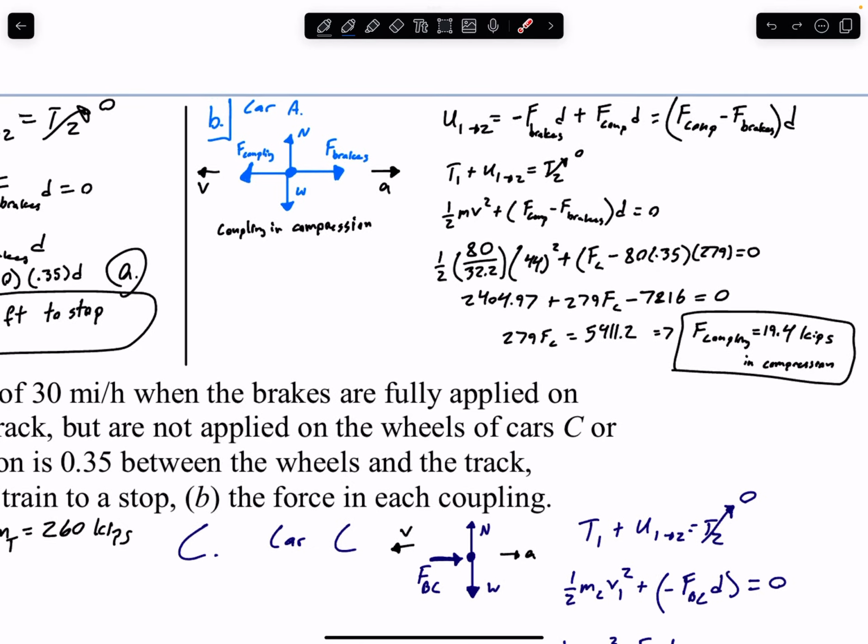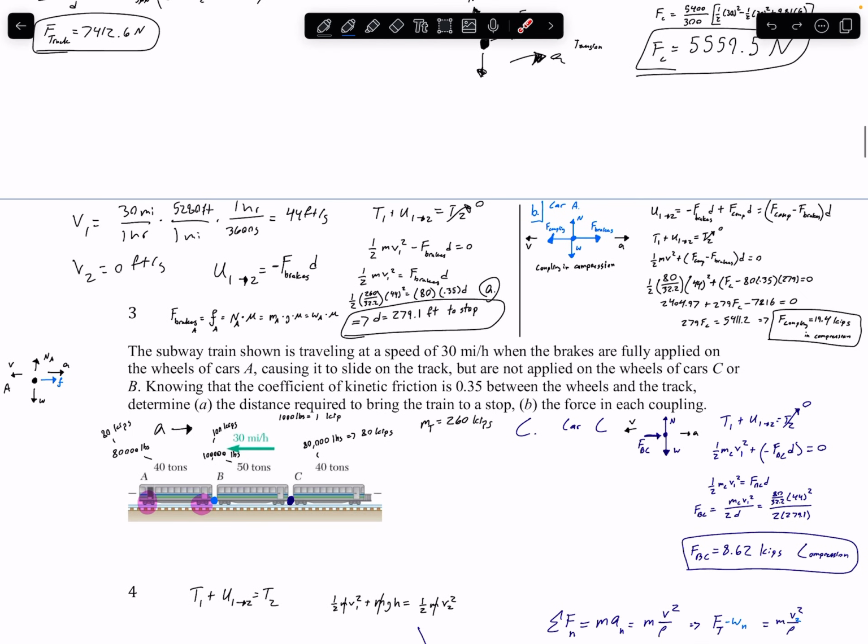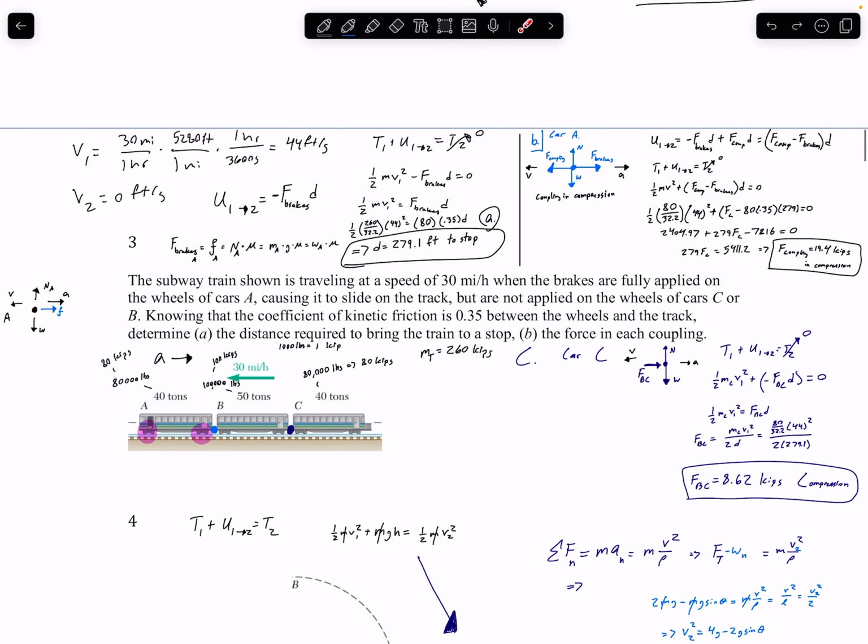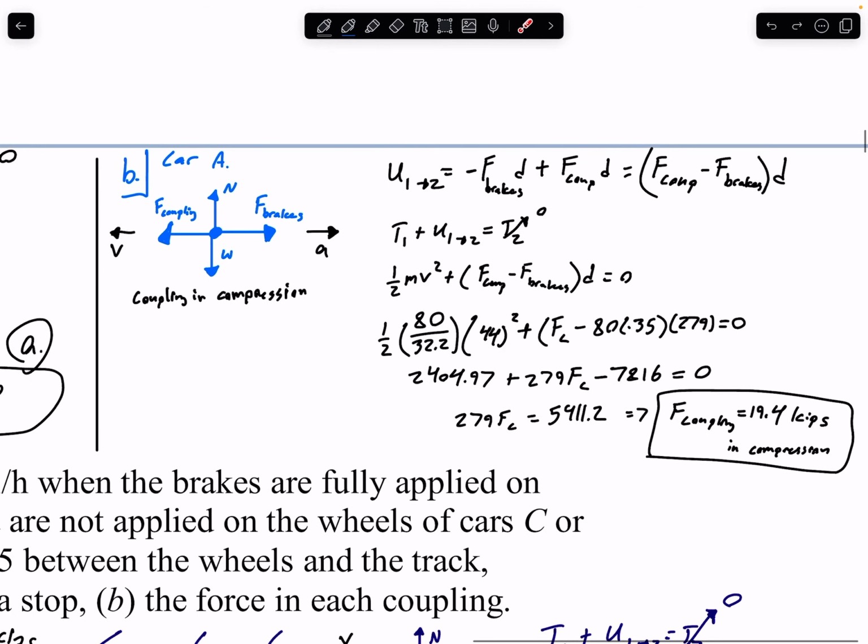And then for part B, we're looking for the force in each coupling, so we'll do that in two parts as well. So for part A, if it's stopping, we know that the force of brakes goes that way. We know that the coupling is probably pushing it that way because the mass behind it wants to keep going that way.